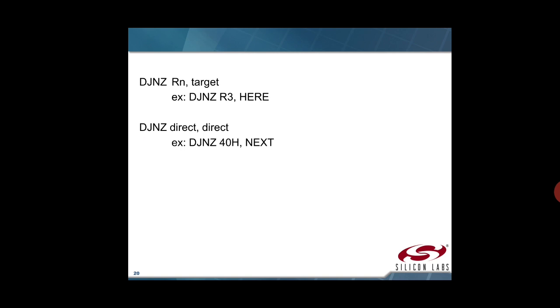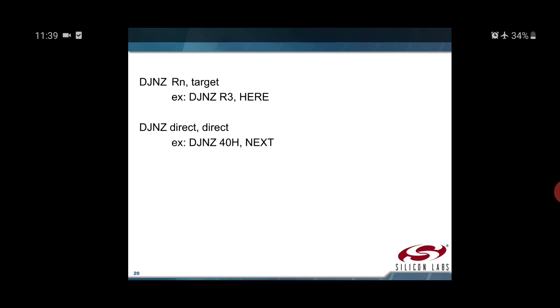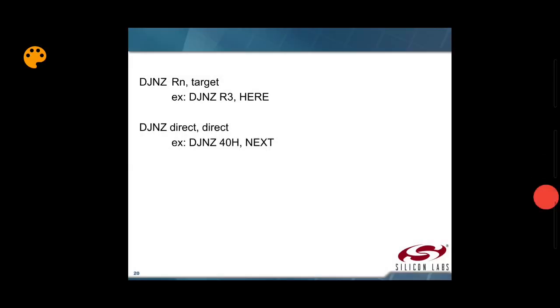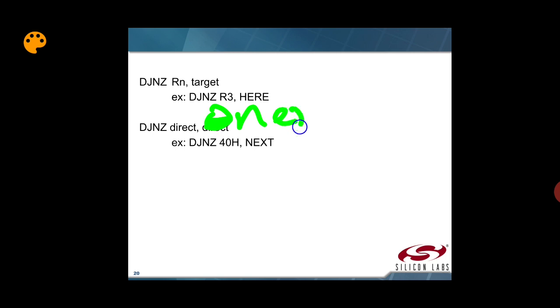Okay, the next one, DJNZ direct comma, and there is a location we have to mention here, means the content of 40H will be decremented by 1 and it will jump to the location called next.